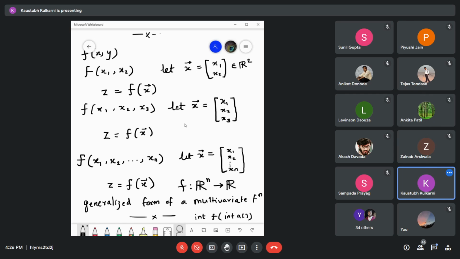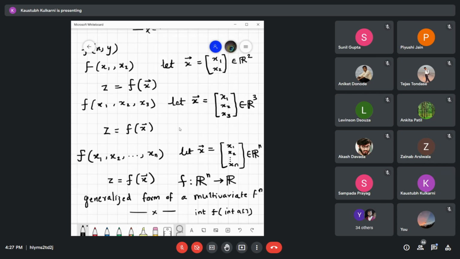In this case, it is r cube because it has three, and in general it belongs to r raised to n. Do you get this notation now? Yes, sir. Okay, so let's proceed.